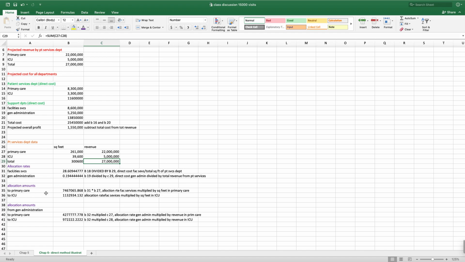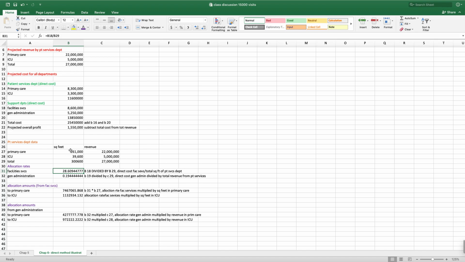Now to get the allocation amounts, if you remember, we multiply the allocation rate with the square footages. So this allocation rate goes from facility services to primary care and to ICU. The allocation amount from facility services to primary care is the allocation rate multiplied by the square footage in primary care.